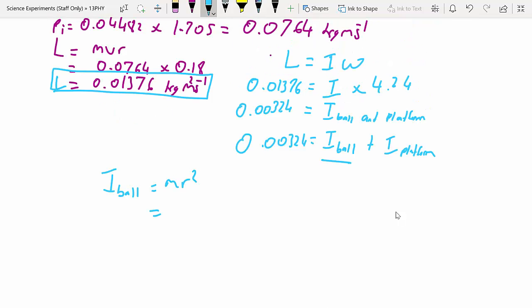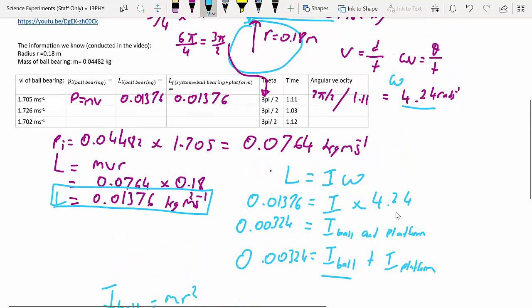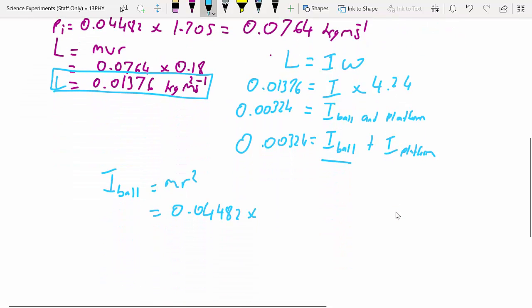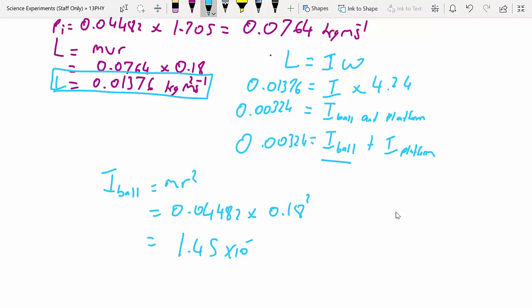We know the mass from earlier is 0.04482, and the radius is 0.18. So we get 0.04482 times 0.18 squared, which is 1.45 times 10 to the minus 3. We're going to take that away from this answer, and that's going to give us I platform.